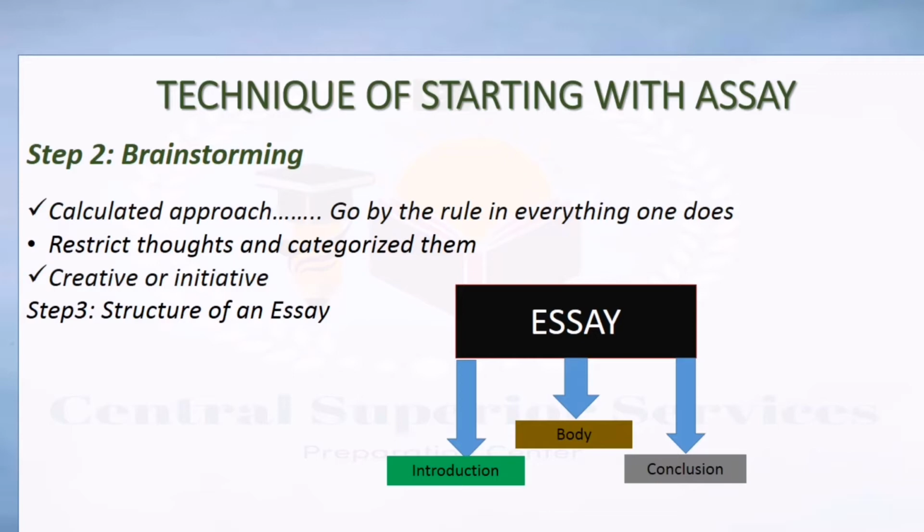If you are a left-brained person, you would restrict your thoughts and categorize them as they come to your mind. For example, if your essay is related to terrorism, you may start thinking firstly of the causes, then the effects, and so forth. You would try to limit your thoughts, whereas if you are a right-brained person, you would let your ideas flow in a meaningless and category-less approach.